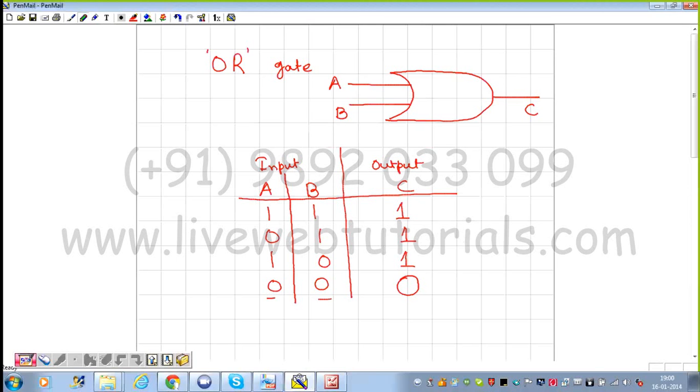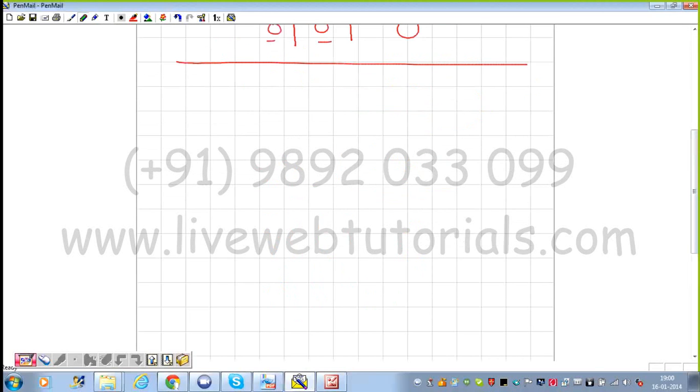The last of these gates that is there. Now we are going to combine the OR gate and NOT gate. So this is going to become NOR gate. So it's the combination of NOT gate and OR gate.